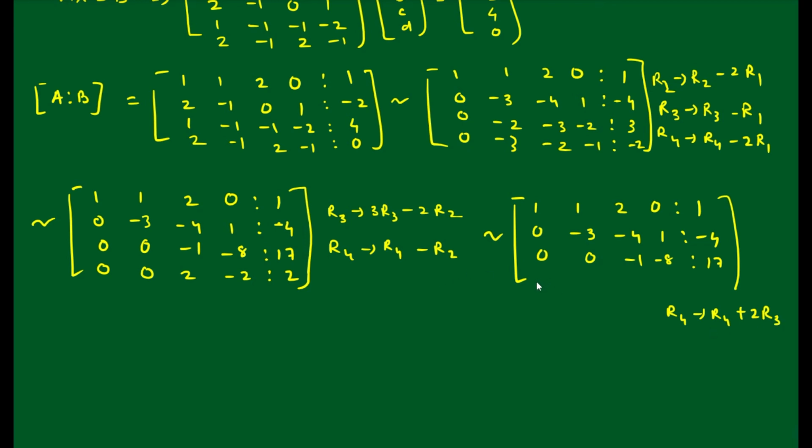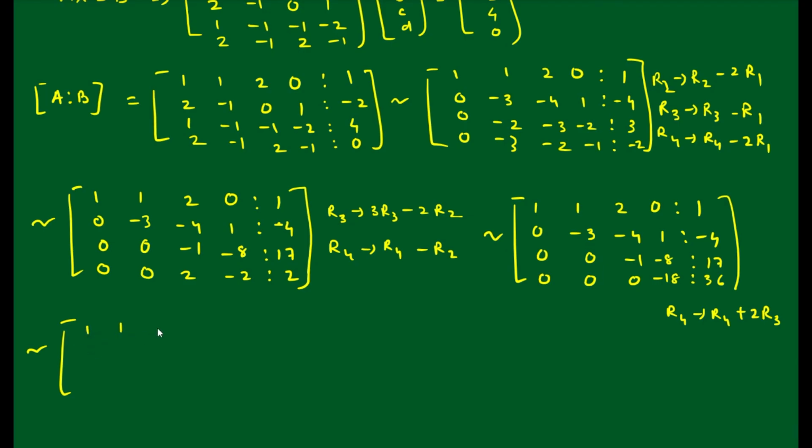So the elements will be 0 0, now it will become 0, minus 18, and then 36. Now see, this fourth row, if we divide it by minus 18, then the elements will become smaller. So let us divide that particular row by minus 18.